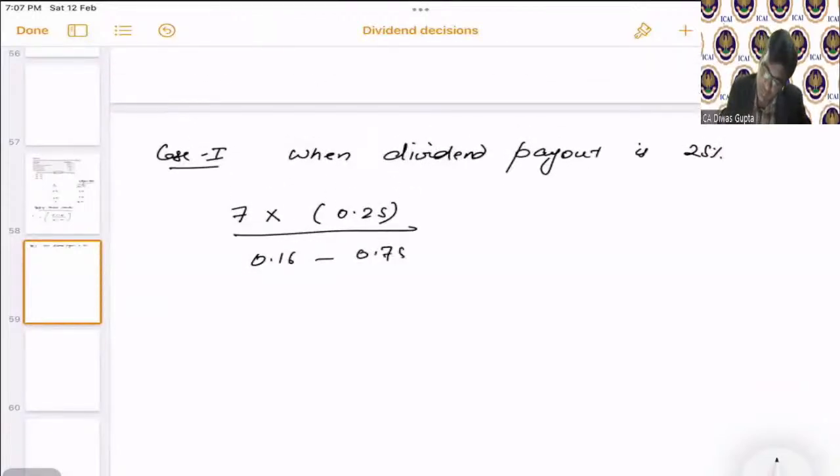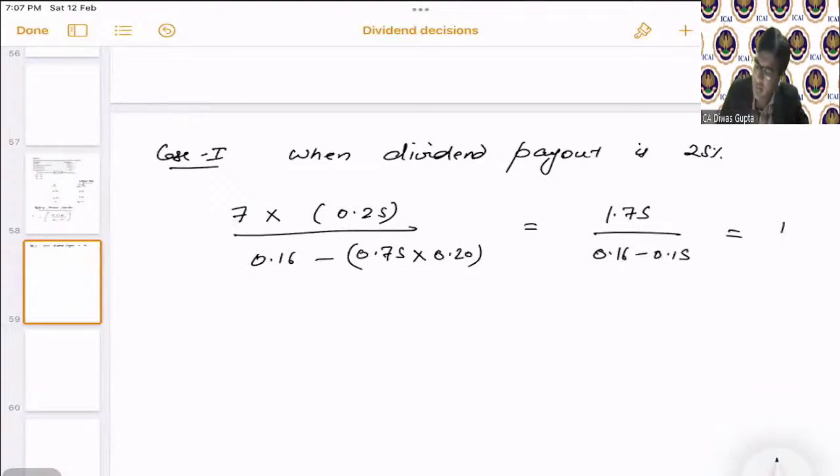So 0.75 multiplied by R. R is how much? 0.20. We solve this, it becomes 1.75 in the numerator, and in the denominator, this is 1%. If we divide, it becomes 175.